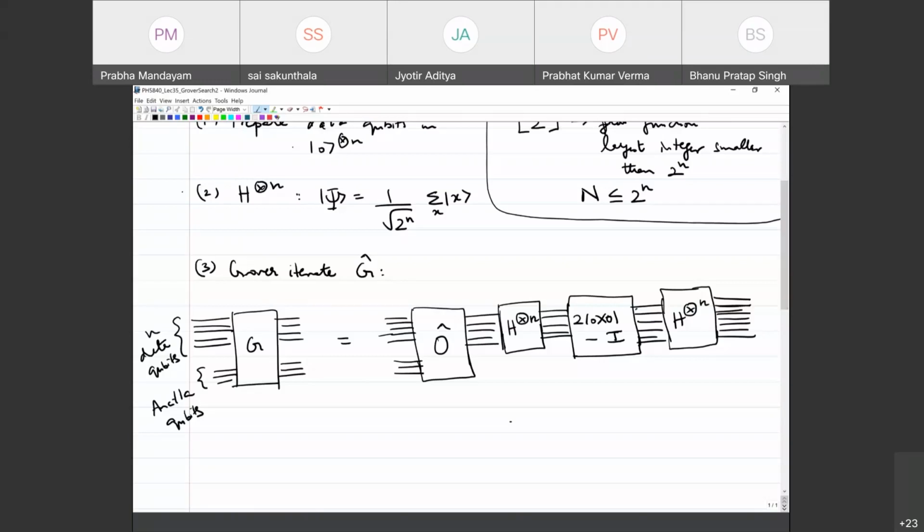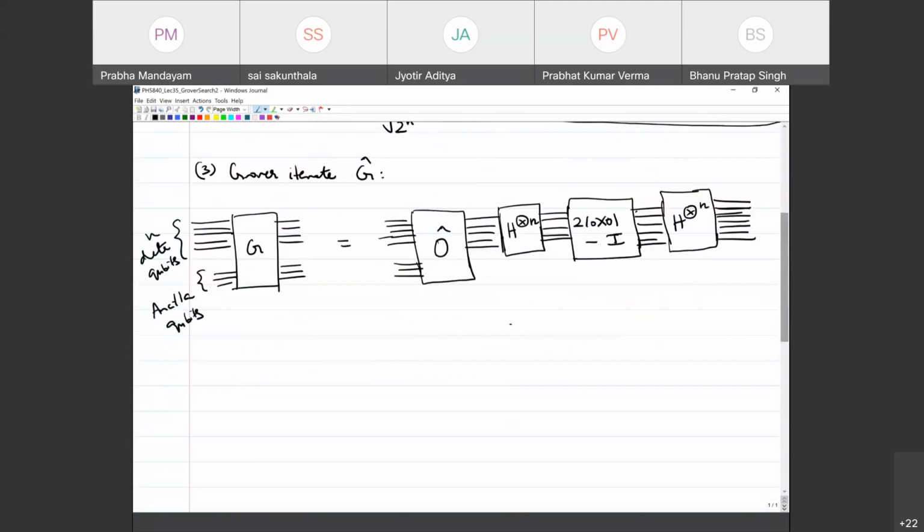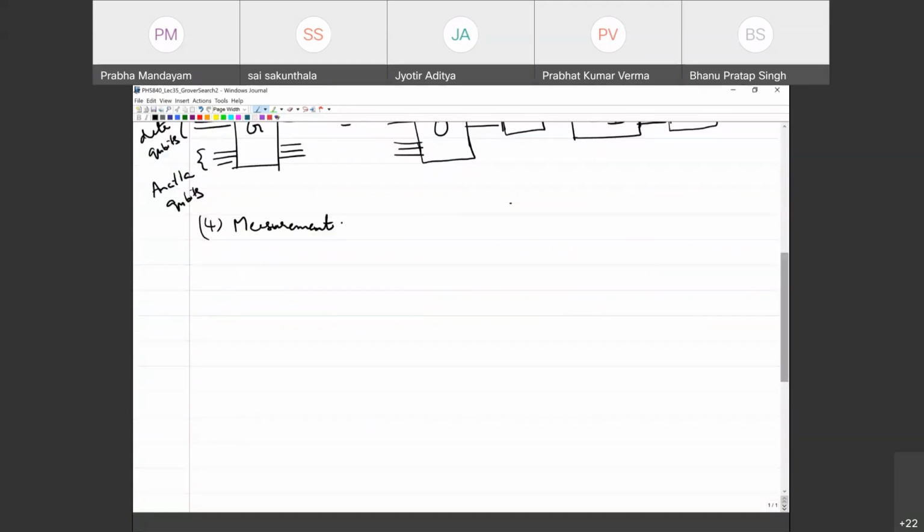And on the other side, you have measurements, right? So the final step. So the Grover iterate, what we will argue is that you need to apply this order square root N times, okay? And finally, measurement in the standard or computational basis.